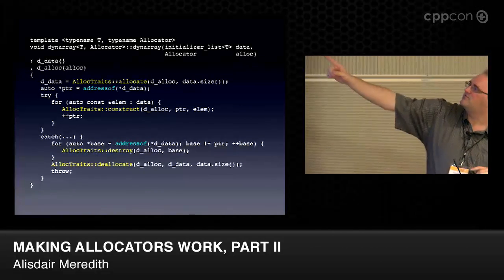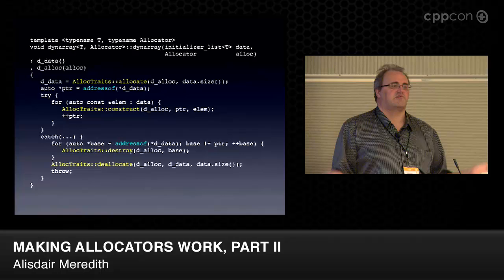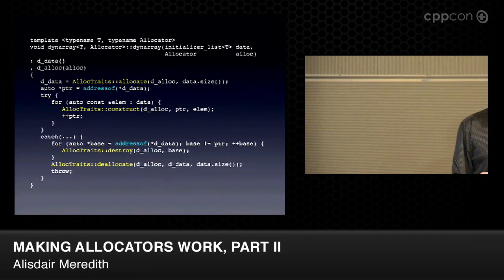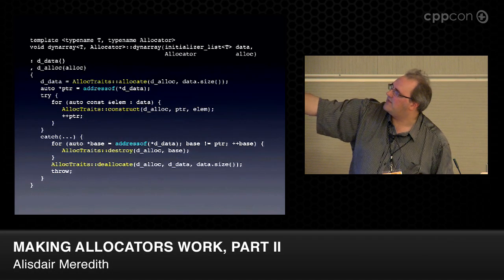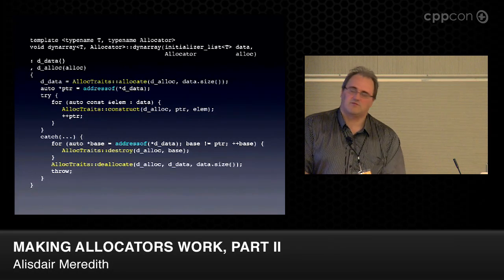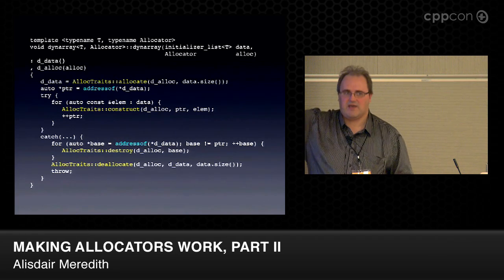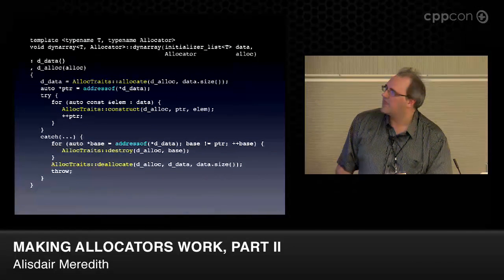If, in the middle of construction, halfway through my sequence, a copy constructor throws, I now need to make sure I at least go back and unwind and destroy all the other elements. So I now go through the for loop again, again starting with the address of the first element, call allocator traits destroy, pass it the allocator, pass it the address of the element I want to destroy.